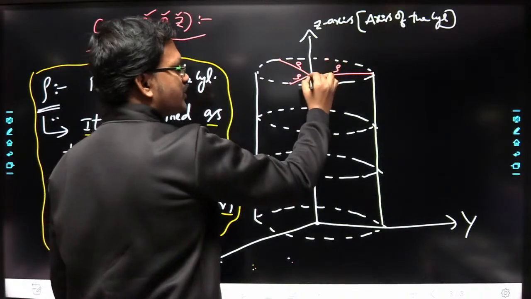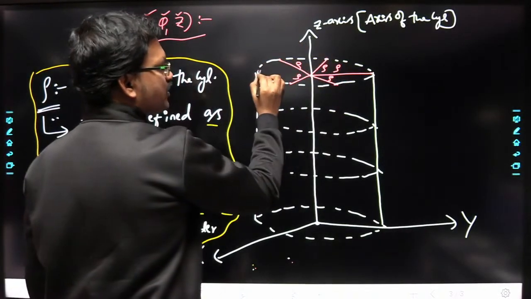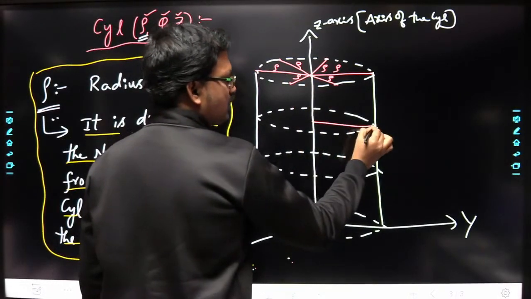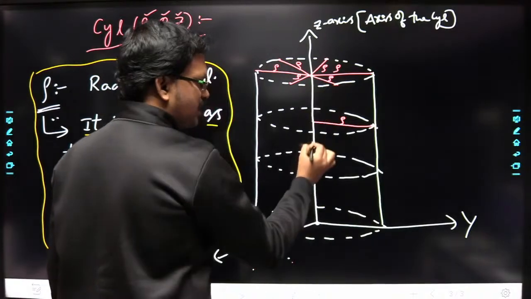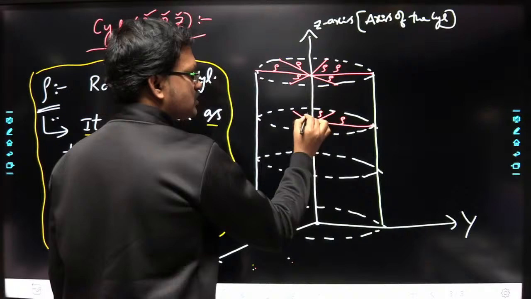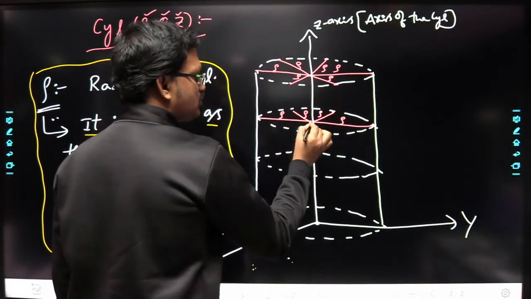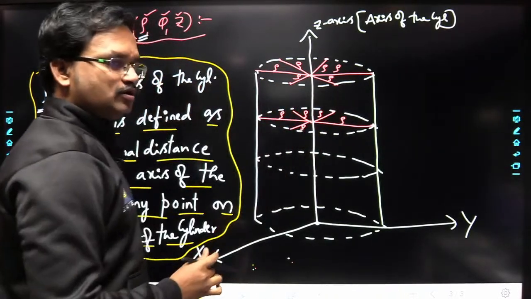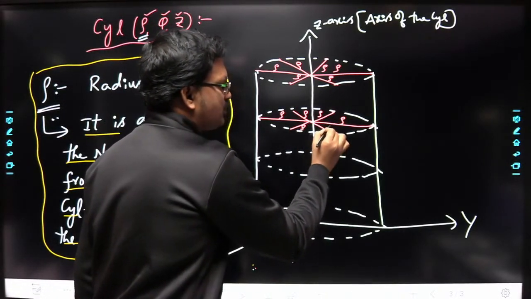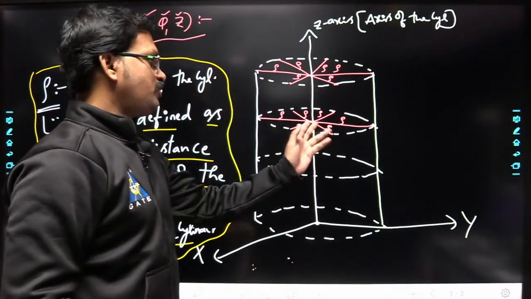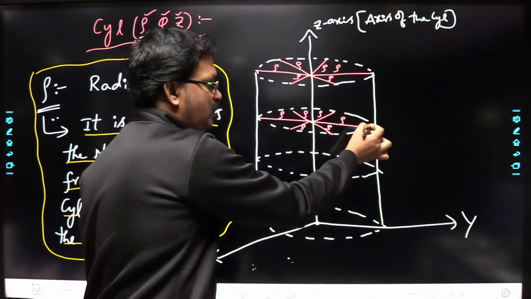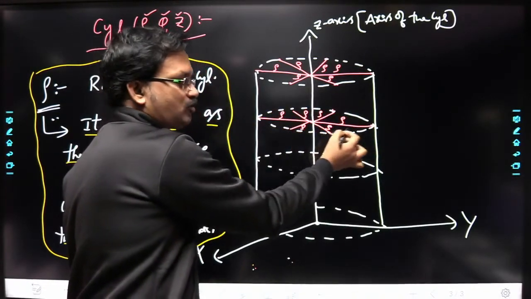So this point is also at a normal distance rho, and this point too. Here also I can draw the normal distance from the axis to any point on the surface. So this is also rho, this is also rho. Understood? So what do you mean by rho? Rho is the normal distance from the axis of the cylinder to any point on the surface of the cylinder.